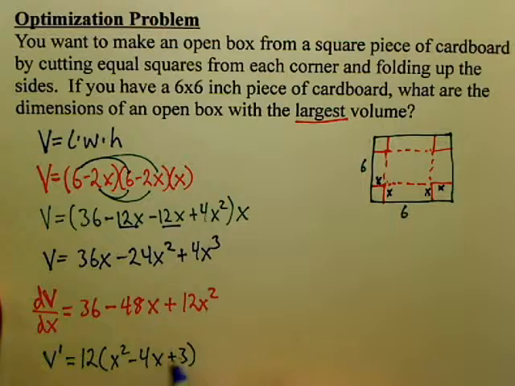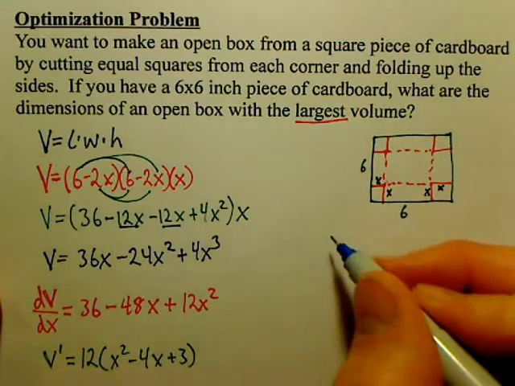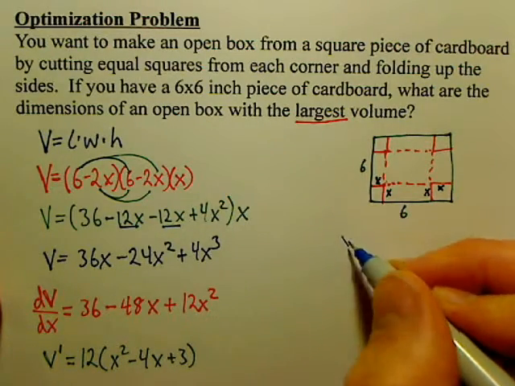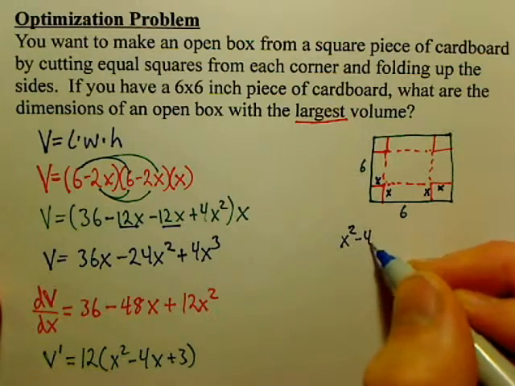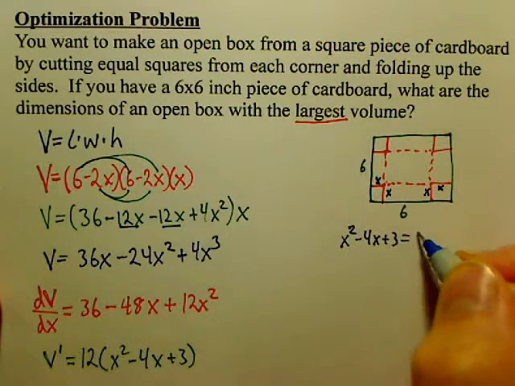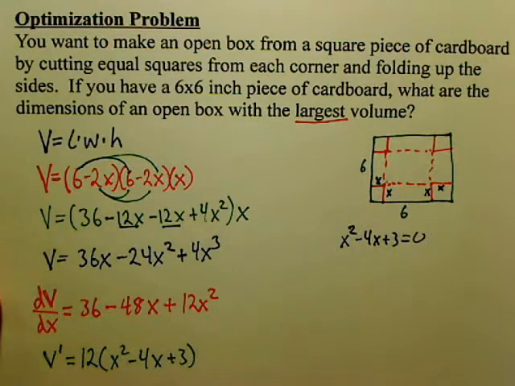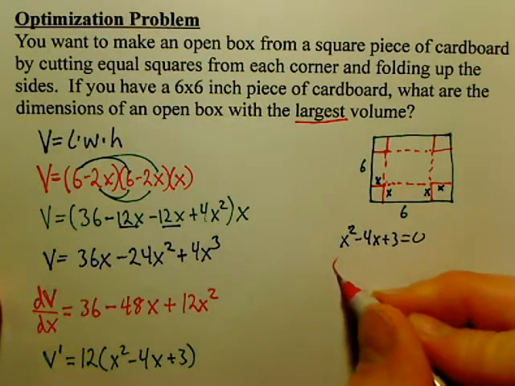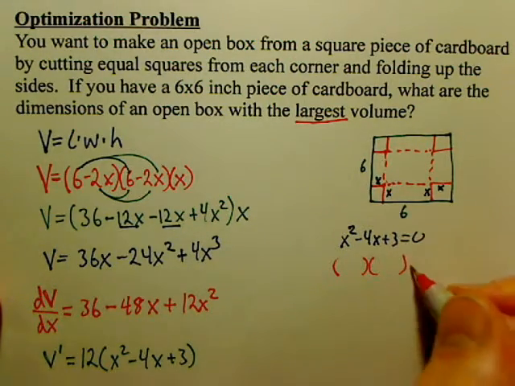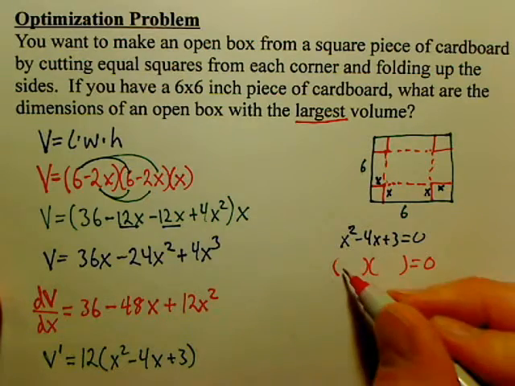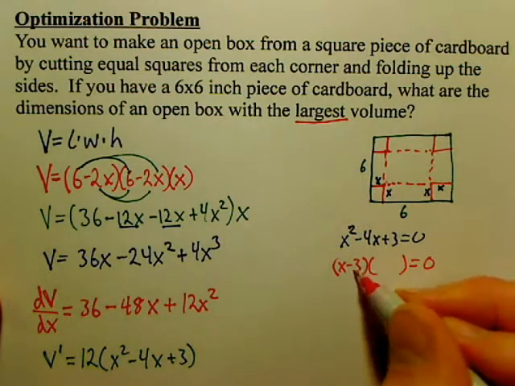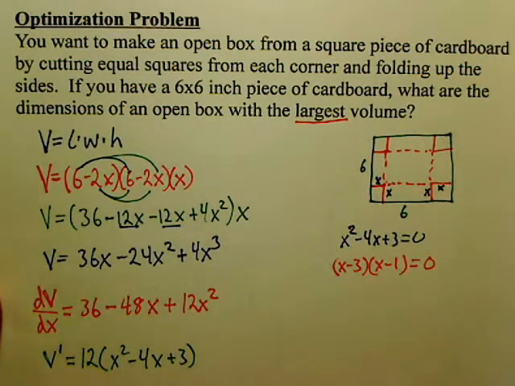Now, can I set this piece equal to 0? So I've got x squared minus 4x plus 3 equal to 0. Let's solve this. We're trying to find the relative extrema. When you factor this, you will get (x minus 3)(x minus 1).